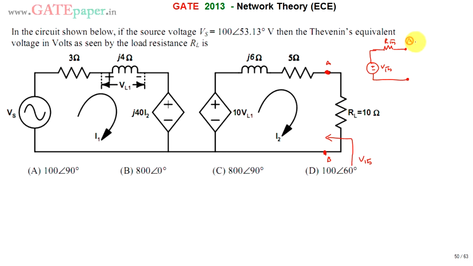If you are going with A and B terminals, that is, you are going to implement this entire complex network into these A and B terminals, then the value of VTH is the answer for us.